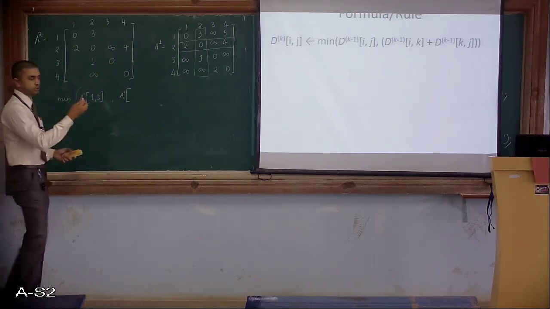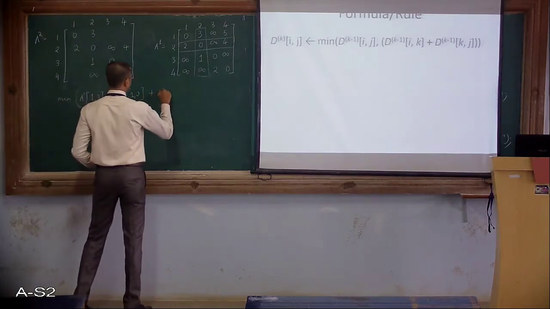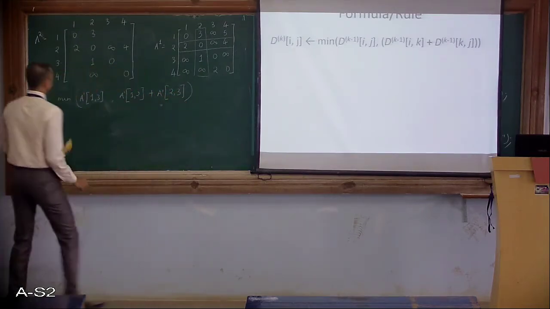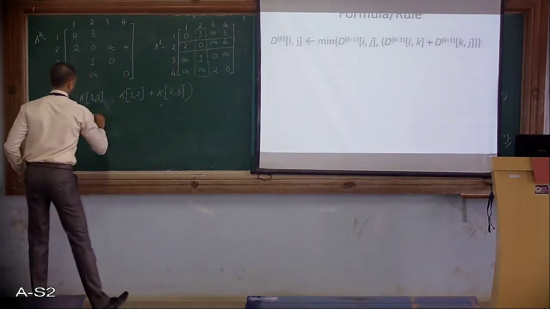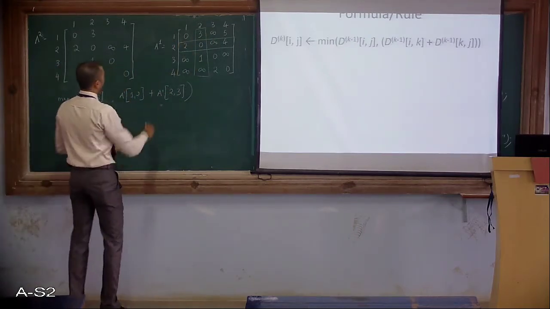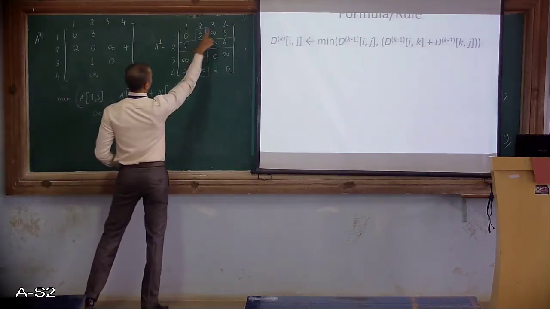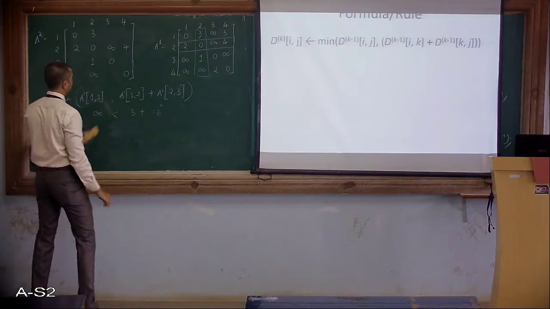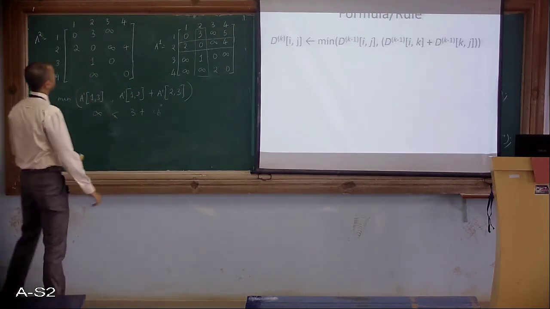So it is going to be A1 of 1 to 2 plus A1 of 2 to 3. In A1, what is 1 to 3? 1 to 3 is infinity. 1 to 2 is 3 plus 2 to 3 is infinity. So this is less. I'm going to write infinity over here.